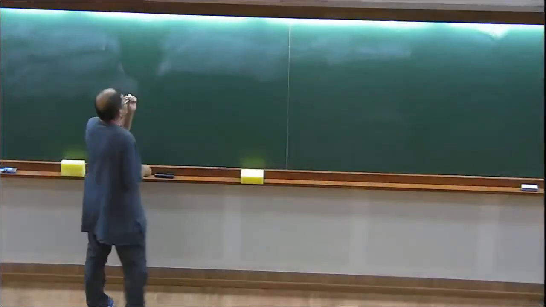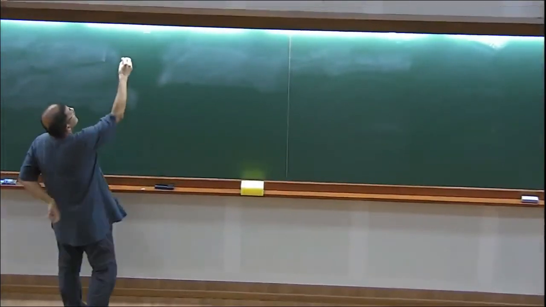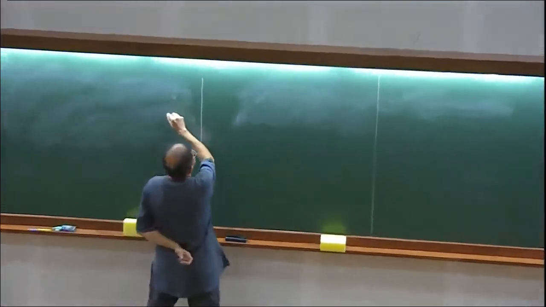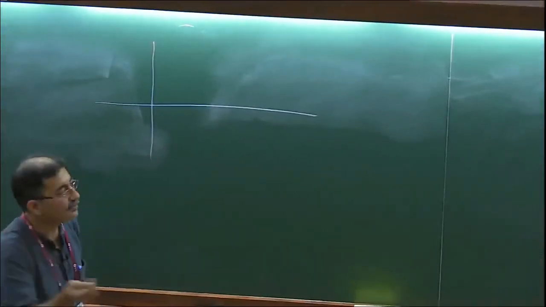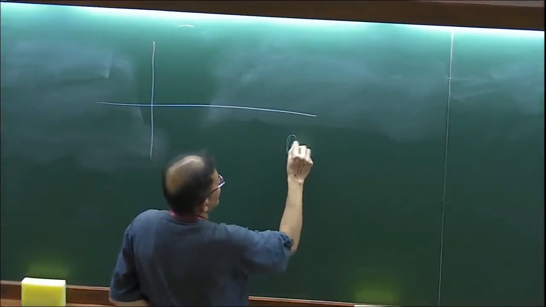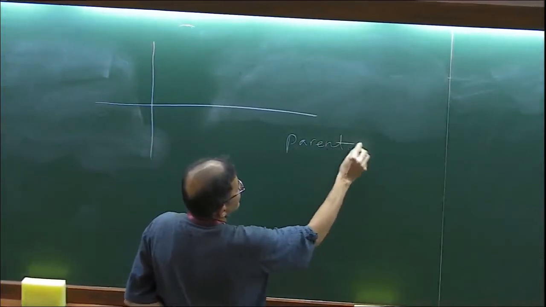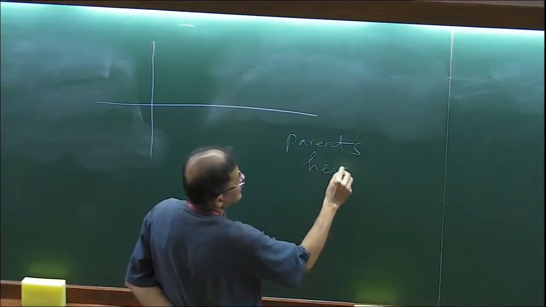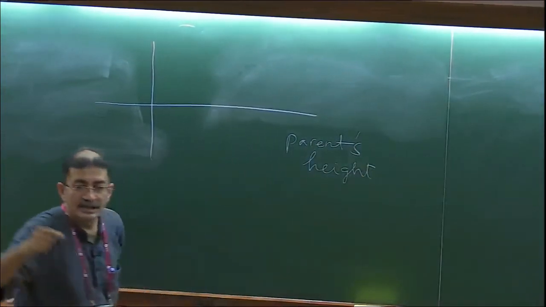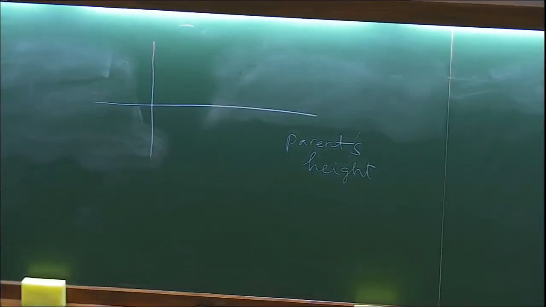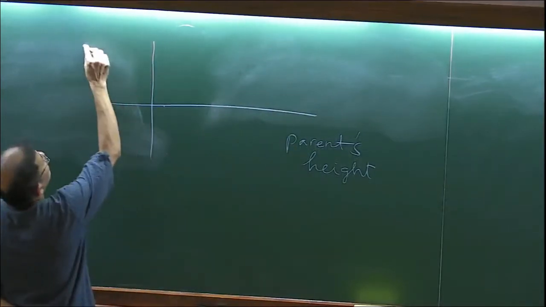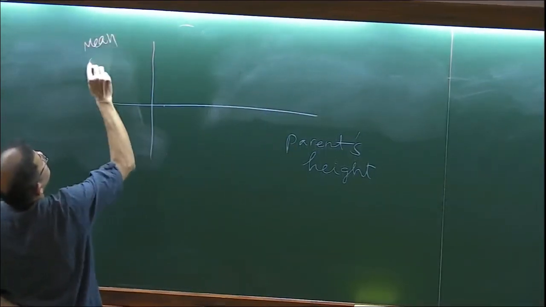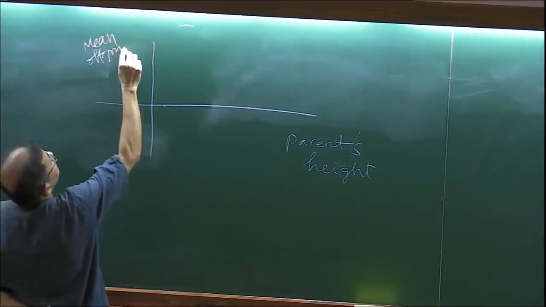And Galton came up with this notion that if you were to make a plot of this kind, if you take some trait, for example, height, and on the x-axis, let's say you plot the mean parental height for each pair of parents, so mother and father, what their mean height was, that's on the x-axis, and on the y-axis you plot the mean offspring height.